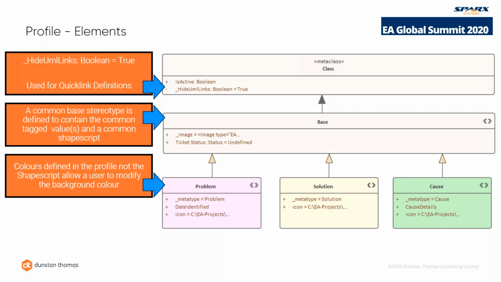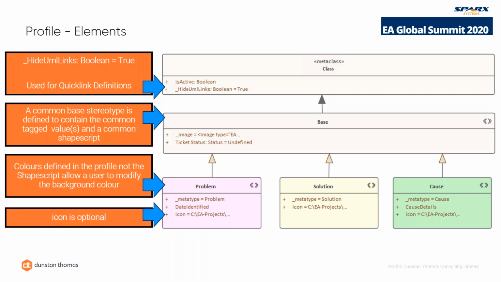You set it to the RGB value. In this example, of course, I can't do that because I've got a common Shapescript. If you wanted to hard code the color in the problem, the solution, and the cause, you must duplicate this Shapescript. The choice is yours. It really depends on what you wish your users to be able to do.